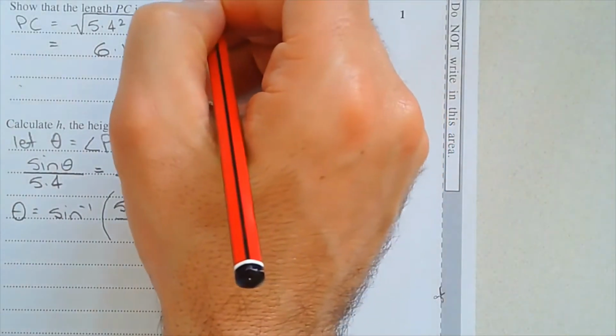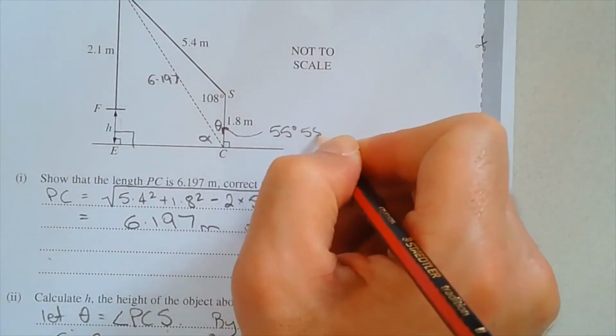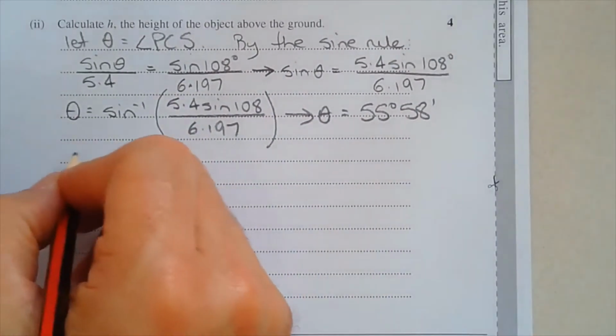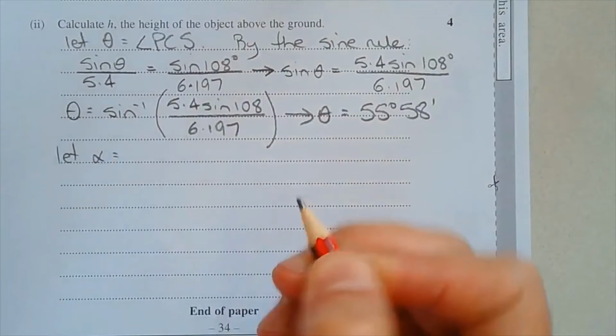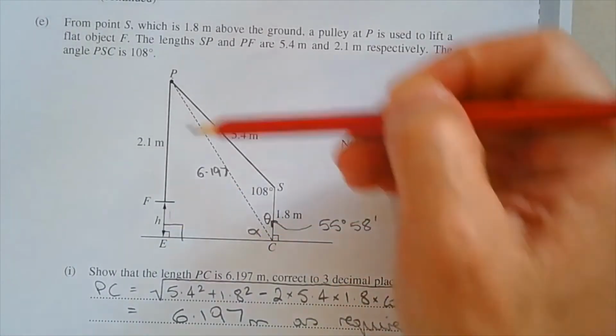So that's this angle there, 55 degrees, 58 minutes. Let theta equal that, and that's going to be ECP.